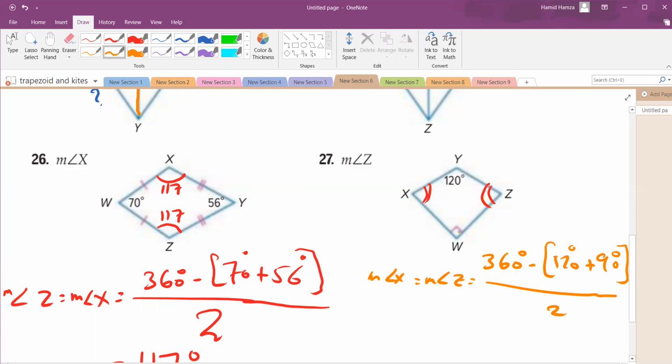Remember, guys, this small box equals 90 degrees. The answer is 75 degrees, so this is 75 and this one is 75 degrees. Any question, guys?